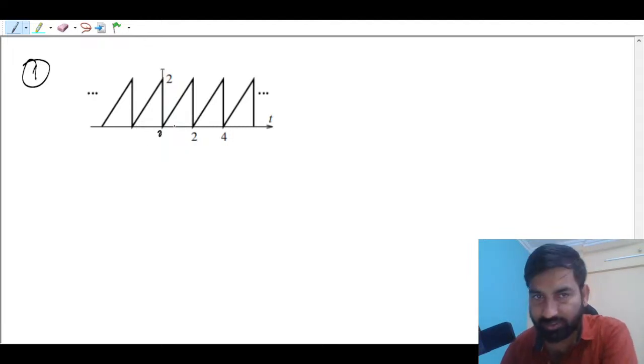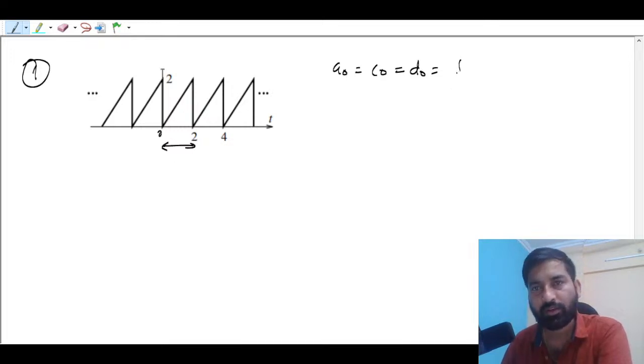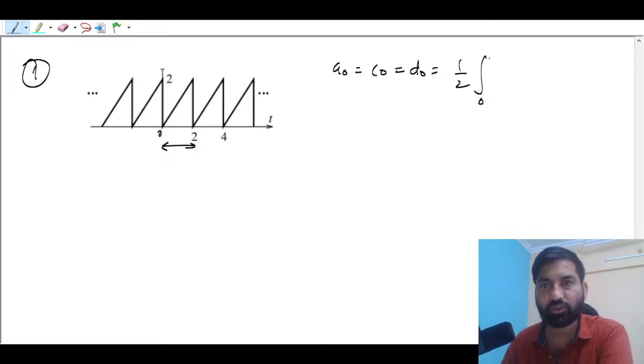If you compute the DC value here, how do you find it? DC, you can call it A naught, or C naught, or D naught. Over a period of 2, it is 1 by 2, and the area under 1 period means 0 to 2.